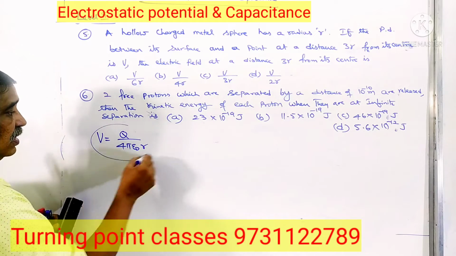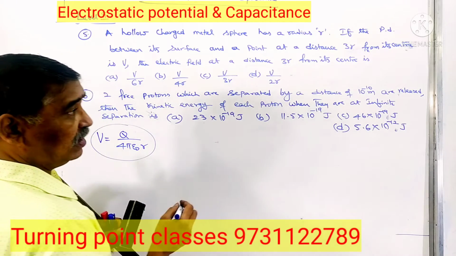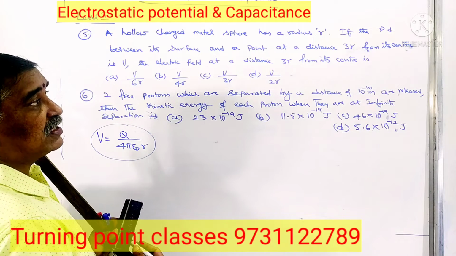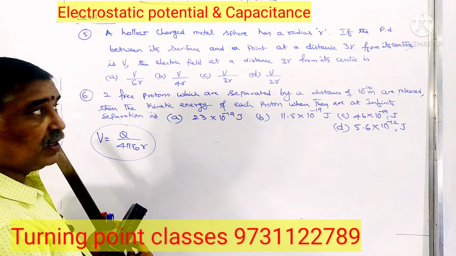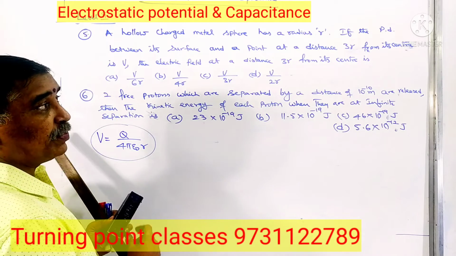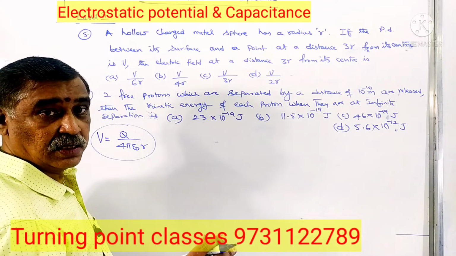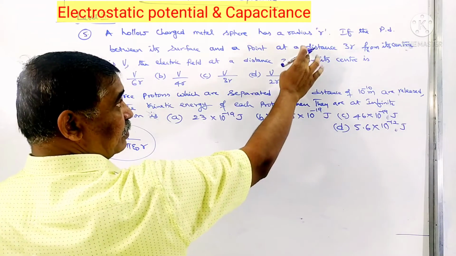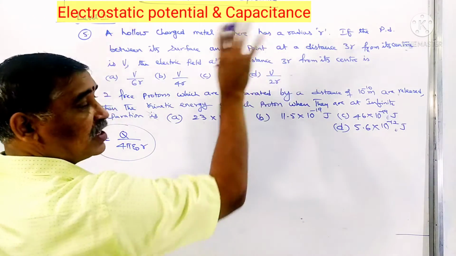Now we are given two points in the problem. One point is taken at a distance 3r from the center. Another one is of course on the sphere itself. V is marked as the potential difference between the potential at a point distant 3r from the center and the potential on the surface of the sphere.